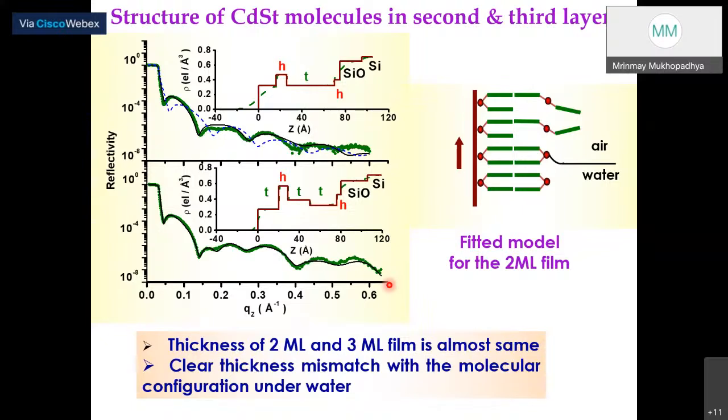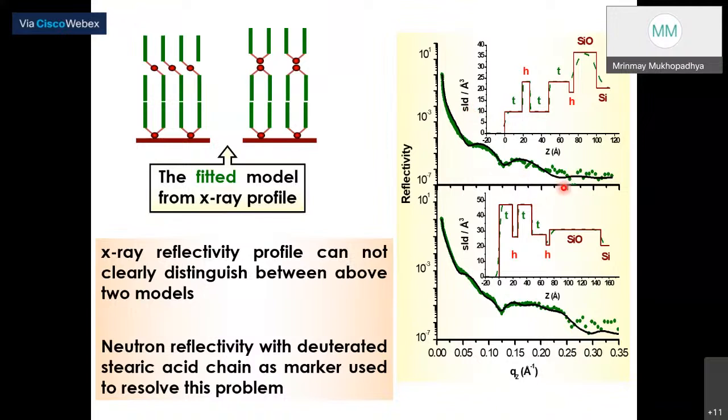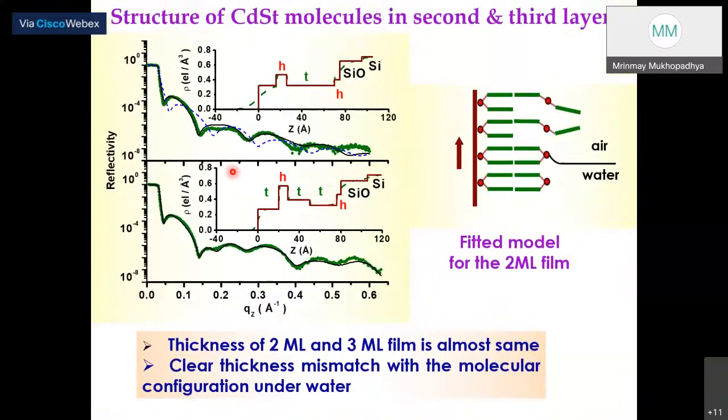So that's exactly what we found, and we can see that this is my neutron reflectivity. In X-ray reflectivity, H means head part. This is not hydrogen. This is the head part, which is the higher density because of cadmium. So this is my cadmium part.